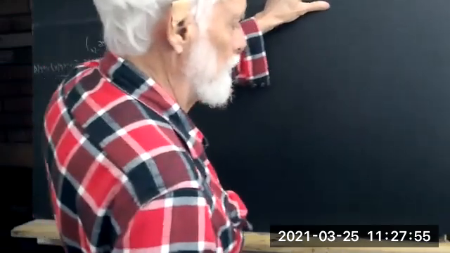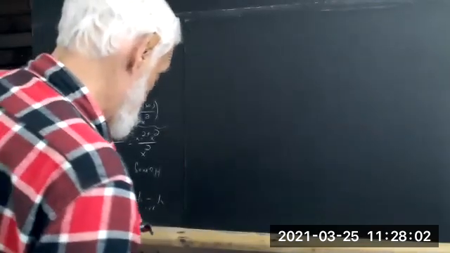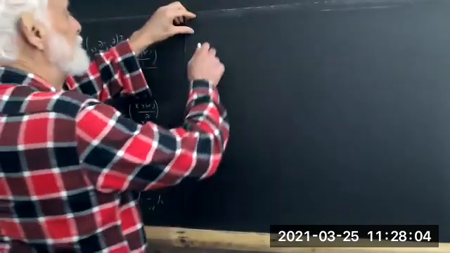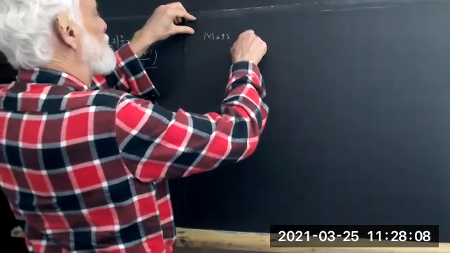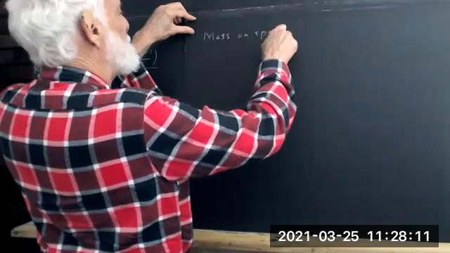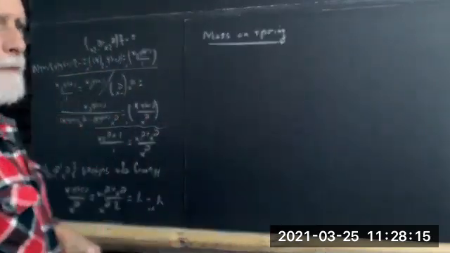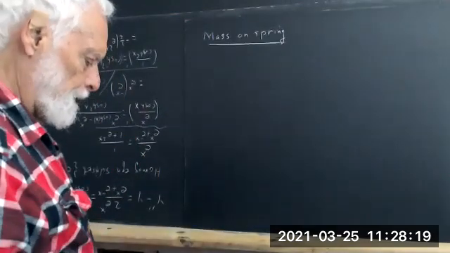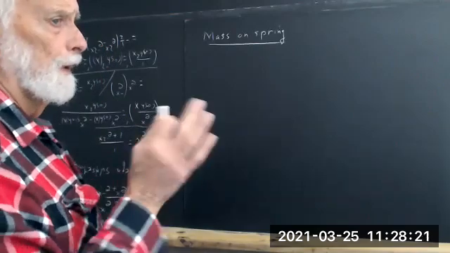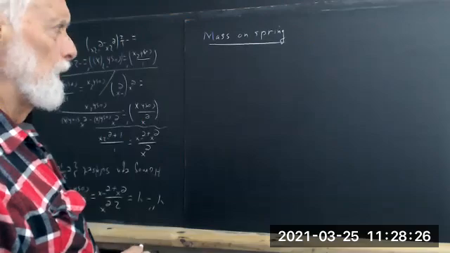I'll set this board over a little bit. Let's get a better picture of it here. So, your standard mass on a spring. I'm pretty sure you looked at a little bit of this earlier.